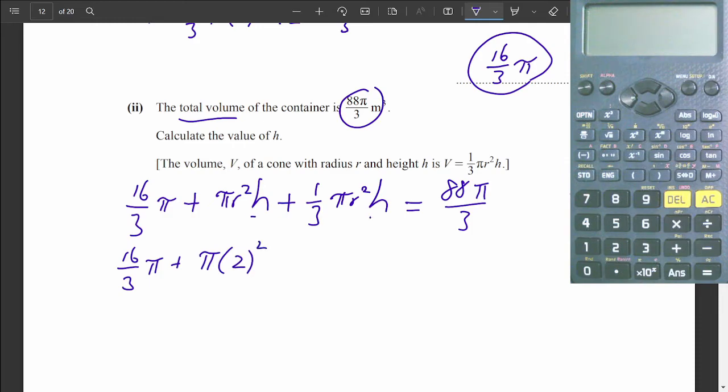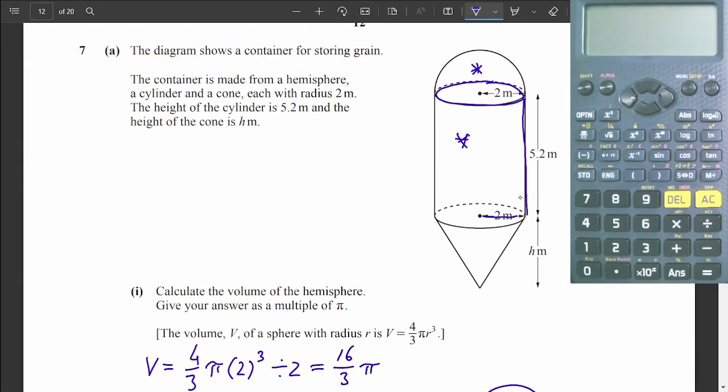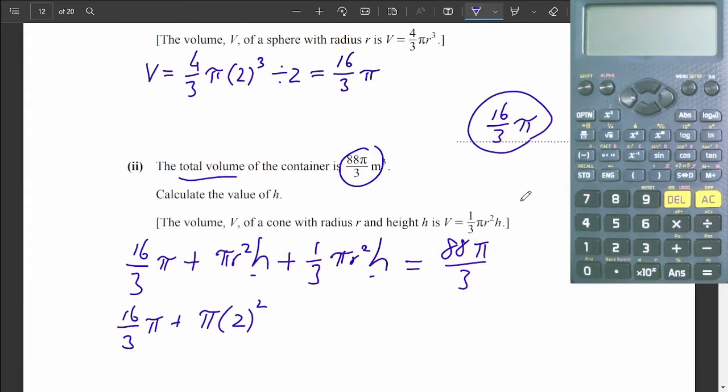And then there's h, of course. First the height of the cylinder, which is 5.2, which is not the same as the h, the height of the cone, that we have to calculate, but the radius we have, that is 2 squared.